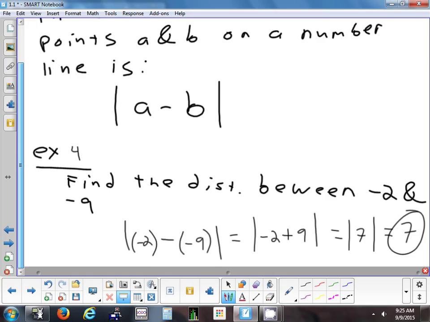Okay, any questions on that? Yeah. Can you just do 2 minus 9 in the absolute value? In the absolute value? Yeah, just 2 minus 9, not negative 2 and negative 9. Would that not work?